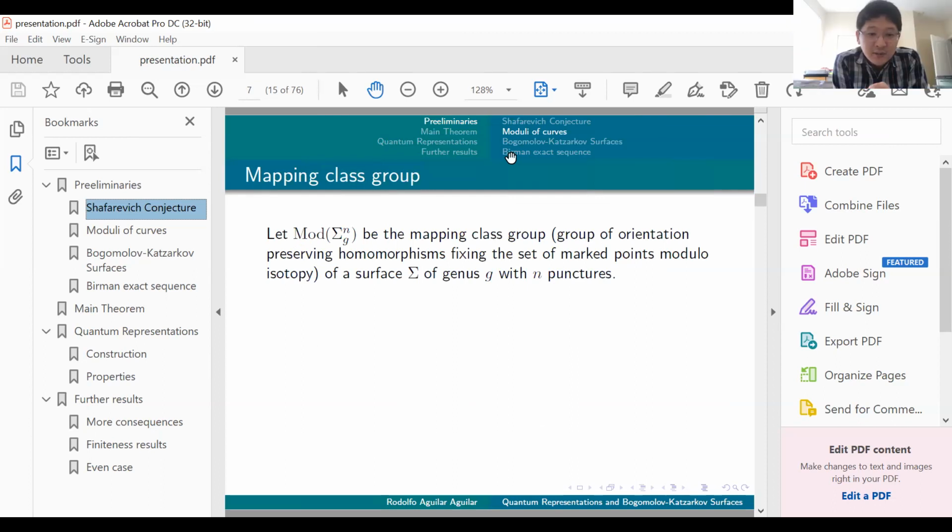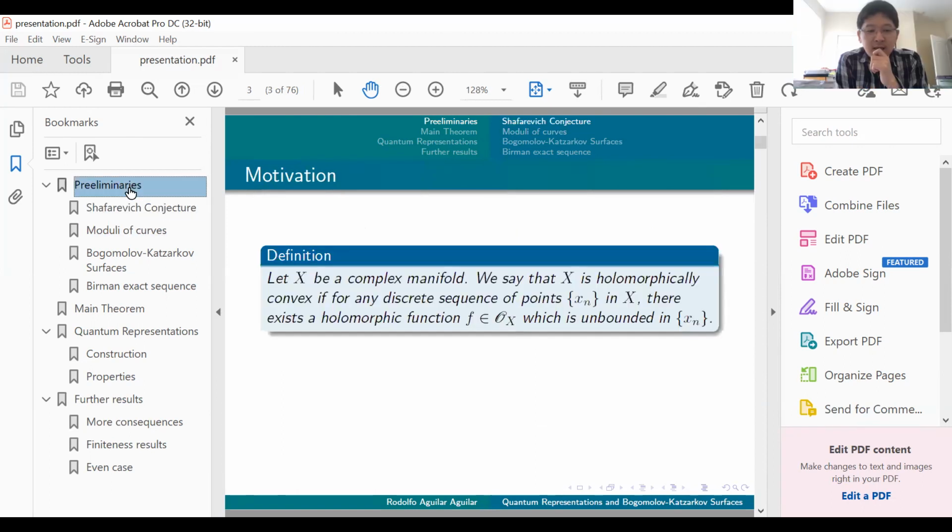I see. Then how does the Shafarevich conjecture behave under blow-up? If I blow up something, then the fundamental group I think doesn't change. But then can I say, if some surface satisfies this Shafarevich conjecture, that the blown up surface does too? I think in the linear case, yes, of course, as you are saying: if you have a linear group in a projective smooth variety and you blow up, it won't change the fundamental group, so you will still have a linear representation.